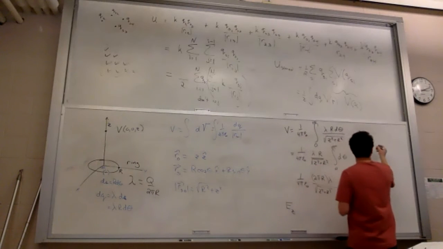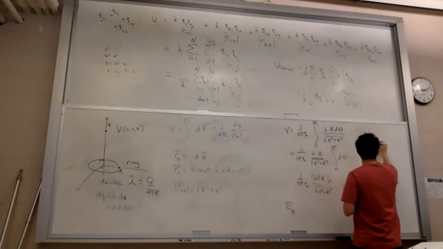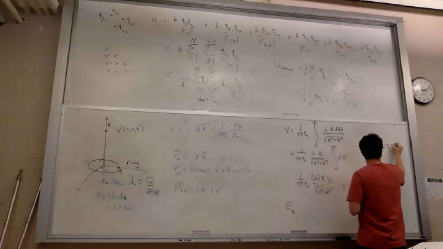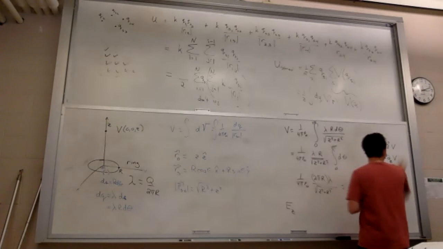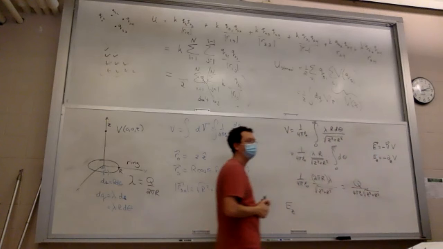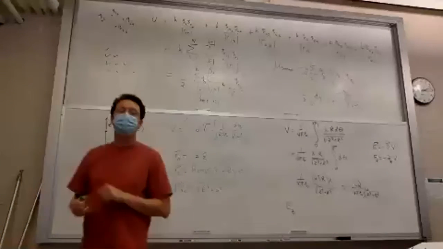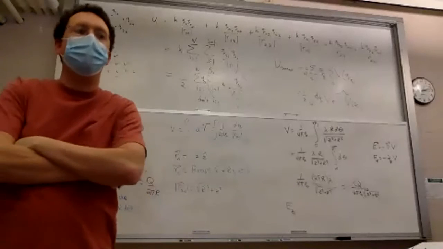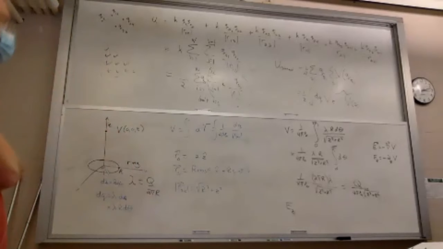Remember, E is minus gradient on V, which means Ez is going to be minus the partial with respect to z on V. Let's do that, because then it'll match the answer we found a month ago.